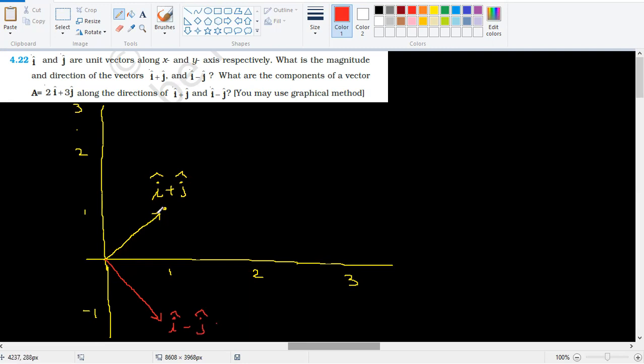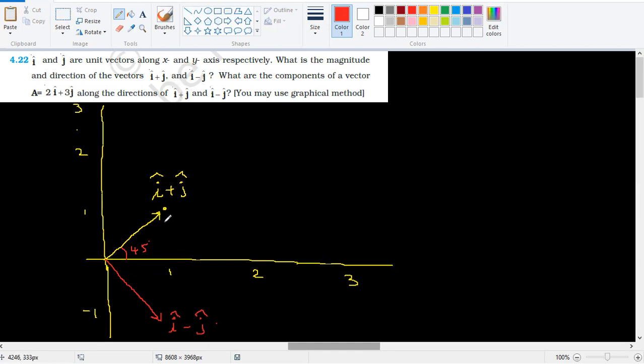What is the magnitude and direction of the vectors? Just by looking at the diagram, since x and y are the same height, what will be the angle here? 45. Yeah. So what happened to the others? Everyone's sleeping.